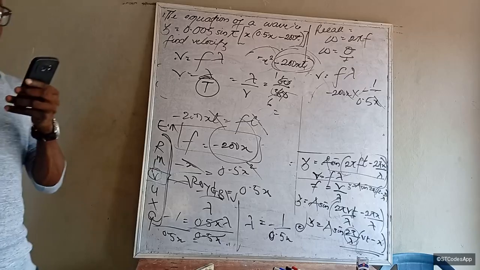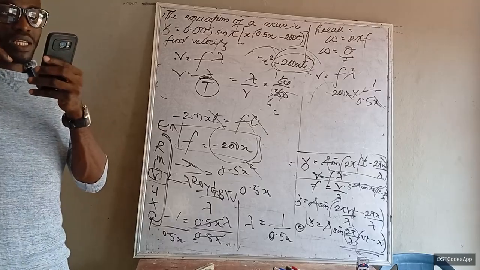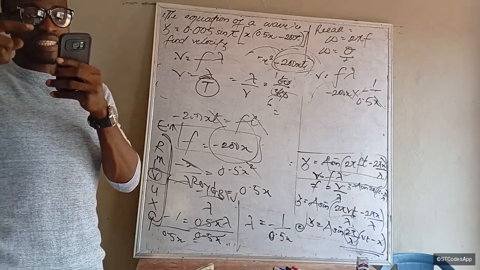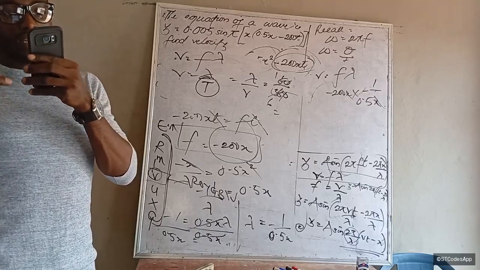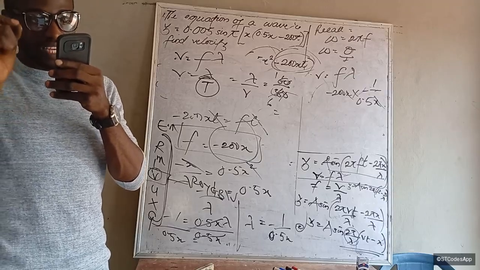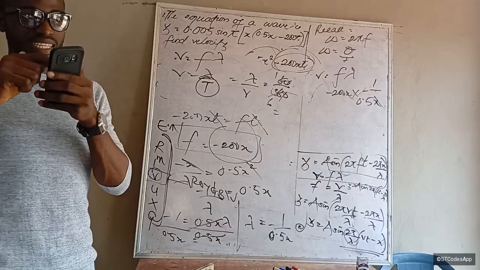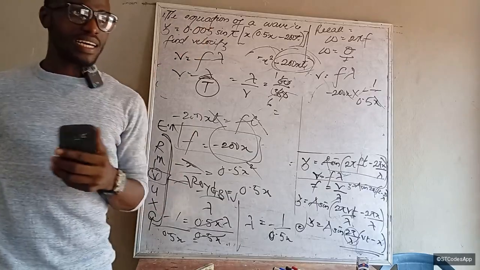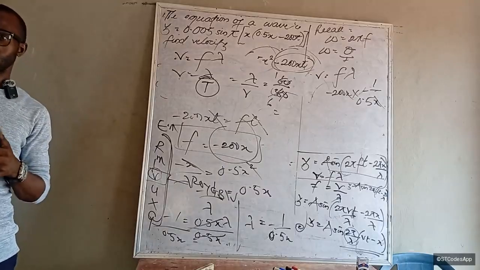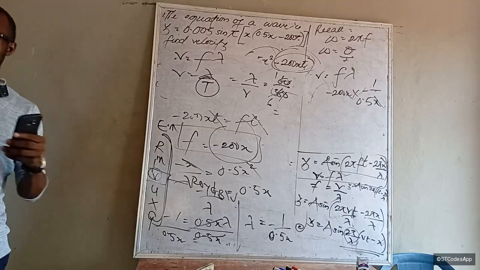Number 4. For the wave motion represented in the figure below, the wavelength is given by what? Is it Q, S, P, T? Go and sit with someone. Sit with Adam. Wavelength, a cycle.